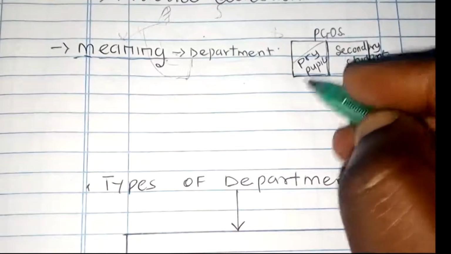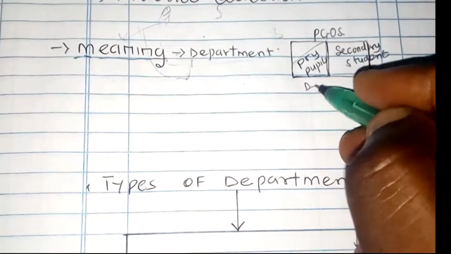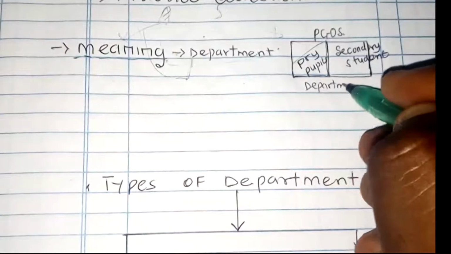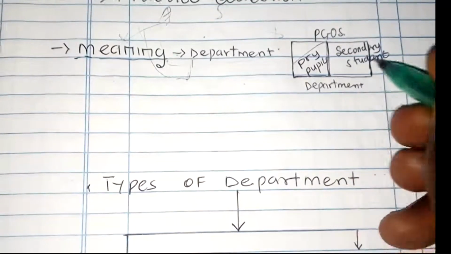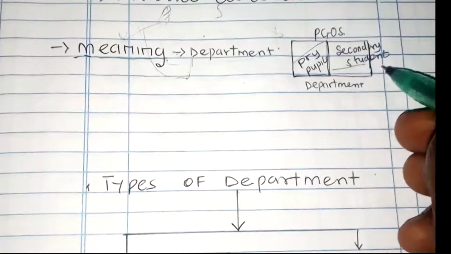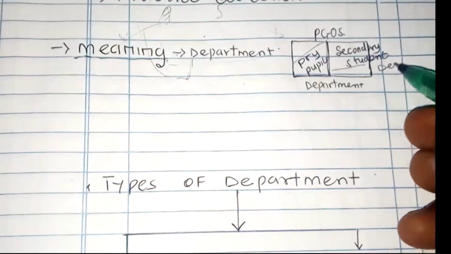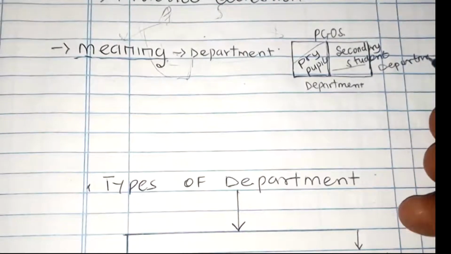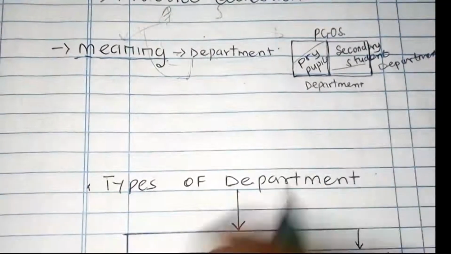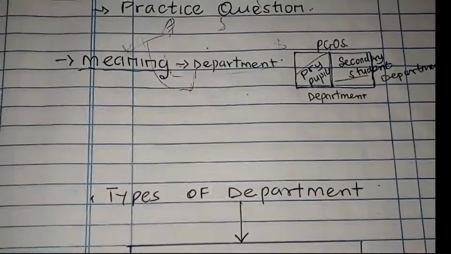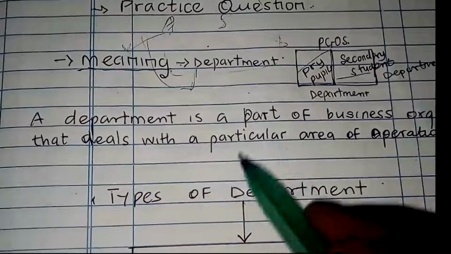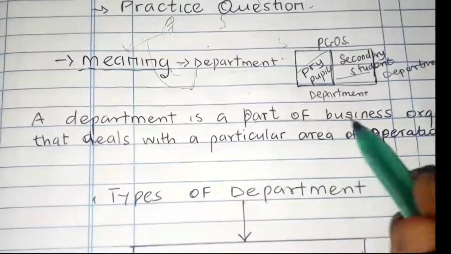All right, you may have a trading organization. The trading organization can be compartmentalized into two. Let's say the trading organization deals with the trading of clothing. So this one we deal with children's wear. That's the children's department.